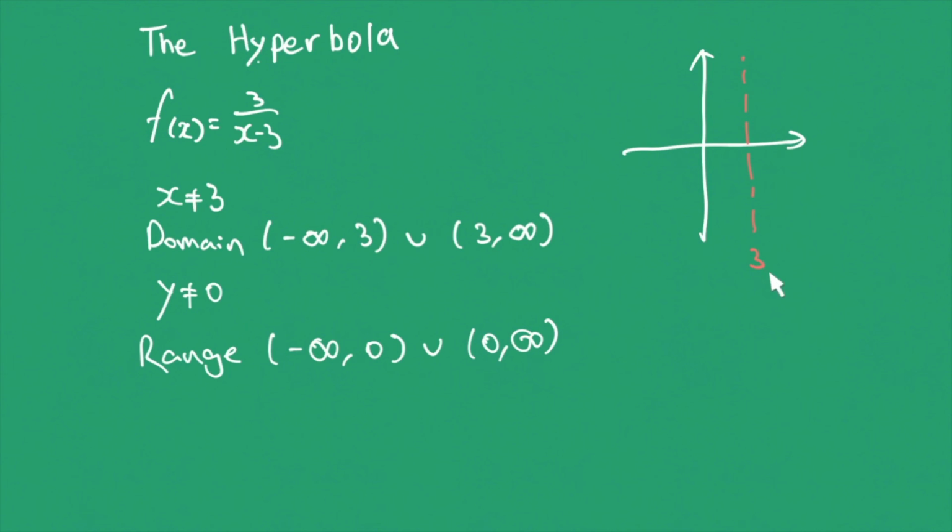And these two lines are called asymptotes. So the asymptote is a line that the curve approaches but never touches. So in this case, the curve would be something like this.